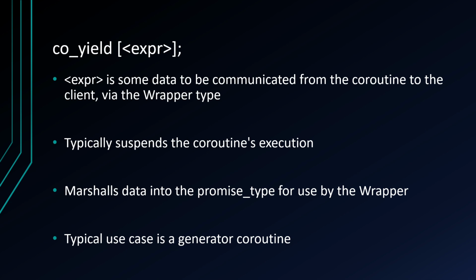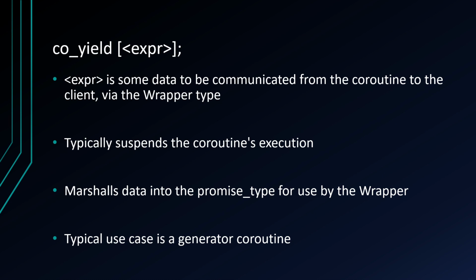There's co-yield, which allows us to compute some value and communicate it from the coroutine to the client via the wrapper. And this suspends execution of the coroutine as the value is communicated out.